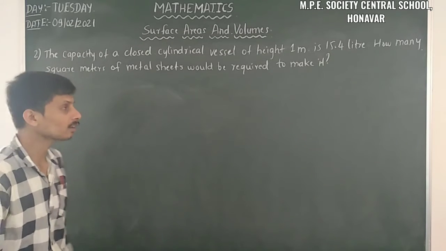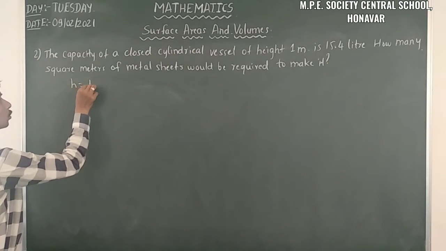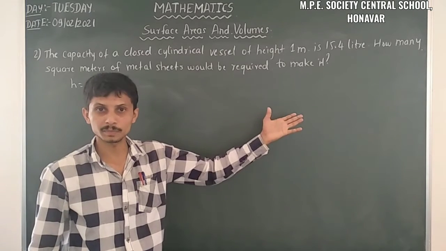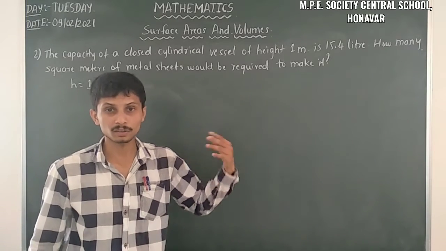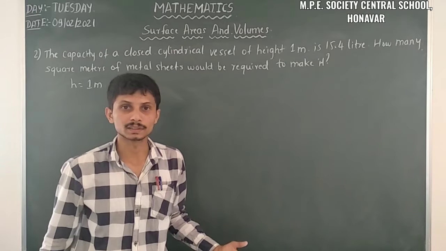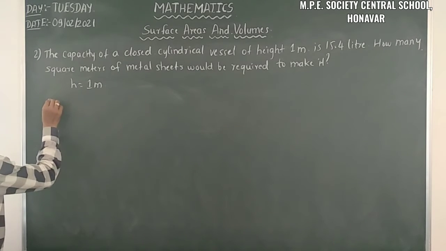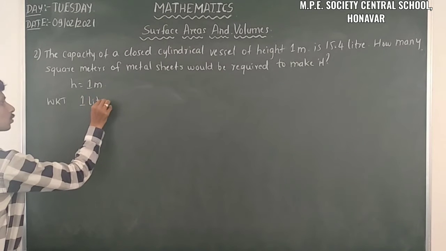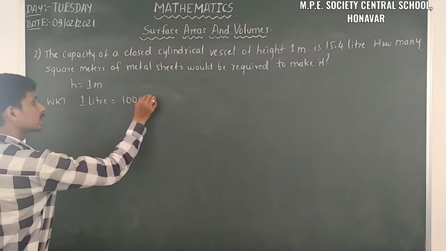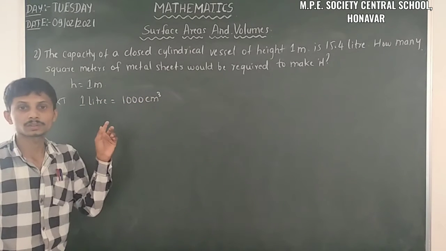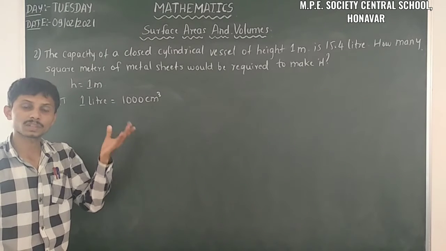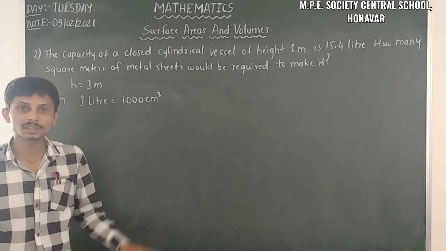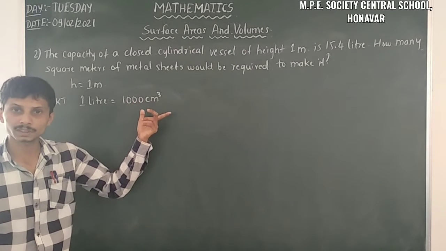Firstly we have to write the given things. H is equal to 1 meter, it is given, and capacity is given in liters, not in centimeter cube or meter cube. So firstly we have to convert. We know that 1 liter is equal to 1000 centimeter cube. So any vessel having the capacity of 1 liter must have the volume of 1000 centimeter cube.